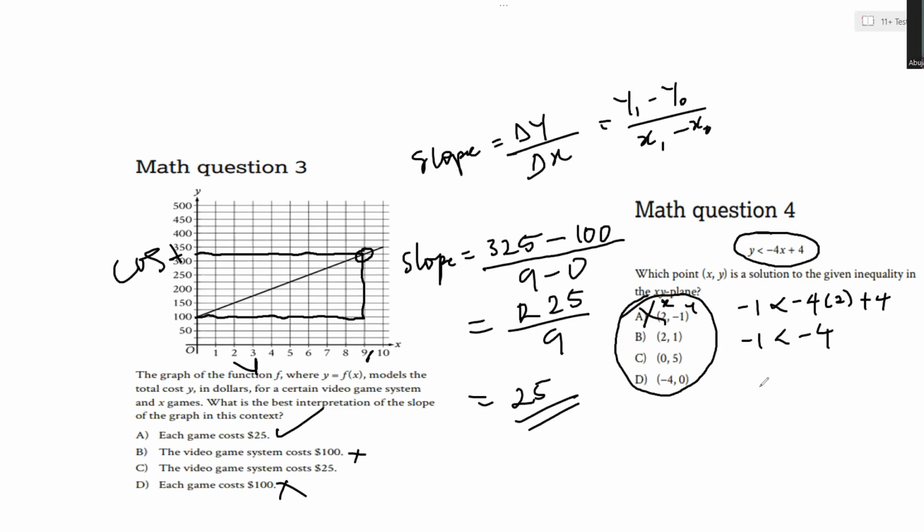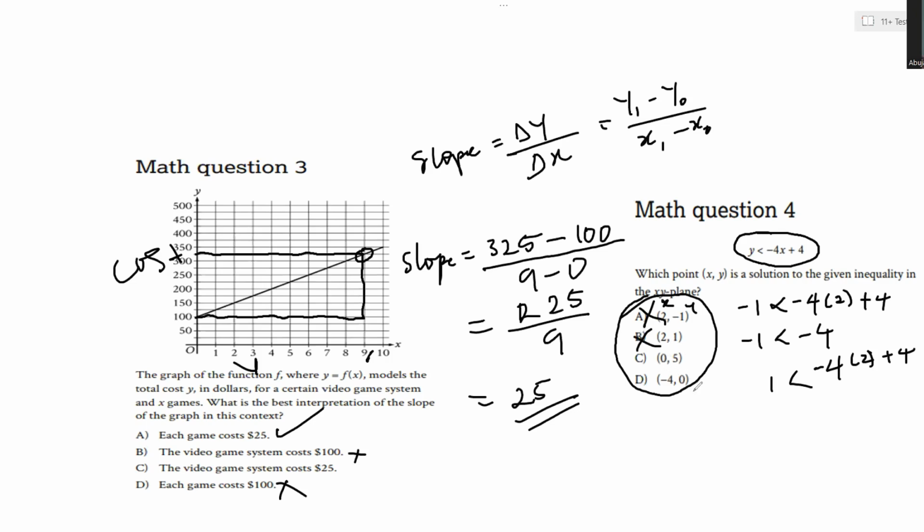Now the second one: x is 2, y is 1. So y is 1 less than minus 4 open bracket, x is also 2 and 4. So this also gives us the same thing, so it's also wrong.